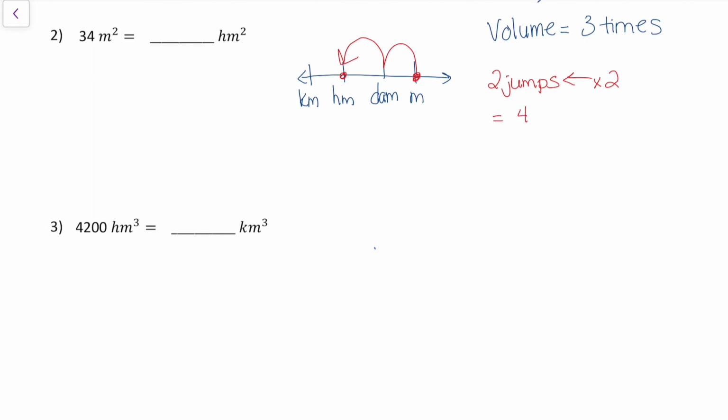And so I'm going to do 4 jumps to the left. So if we take our number, I'm going to do 4 jumps, 1, 2, 3, 4. And I get 0.0034 hectometers squared.